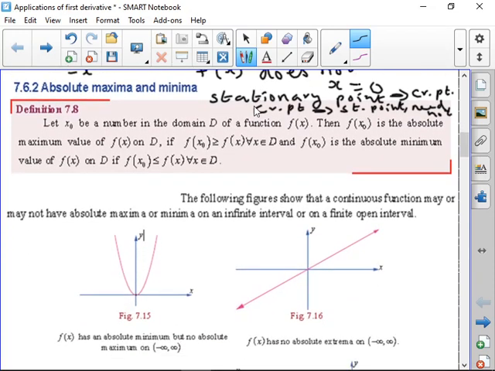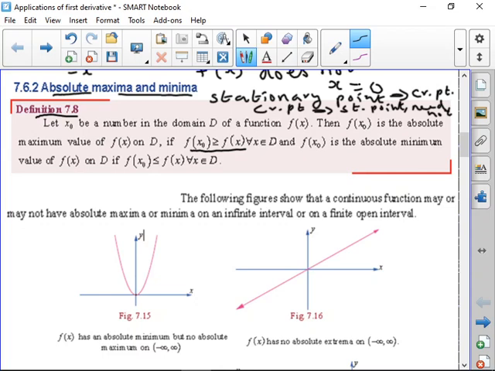Now, coming to definition 7.8: absolute maxima and absolute minima. Let x naught be a number in the domain D of a function f of x. Then f of x naught is the absolute maximum value of f of x on D if f of x naught is greater than or equal to f of x for all x belonging to D. D is a domain.